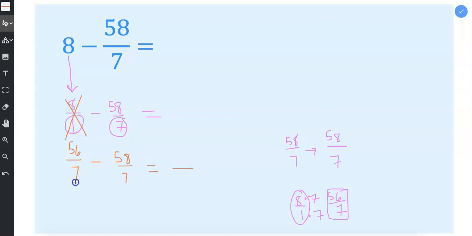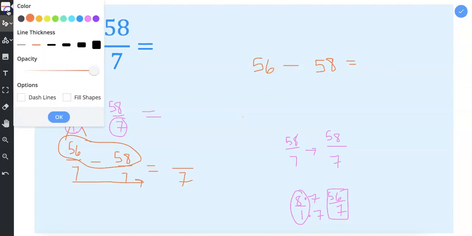Now that the denominators are the same, I can just drag that denominator over. The denominator stays the same, and now this is the work I need to focus on. Taking 56 and subtracting 58. Now the skill that we've been working on recently is learning how to change subtraction to addition.